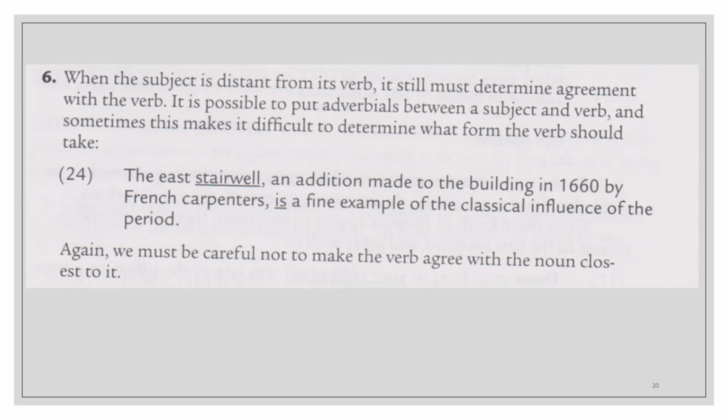We need to be careful that the verb is not just agreeing with whatever noun is closest. In this case, we have the noun carpenters right before the verb. Carpenters is plural, but we don't want to use the plural form of the verb because carpenters is not the subject of the sentence.